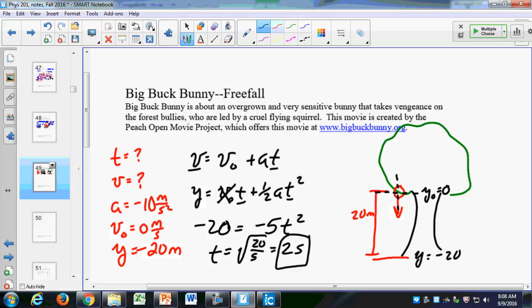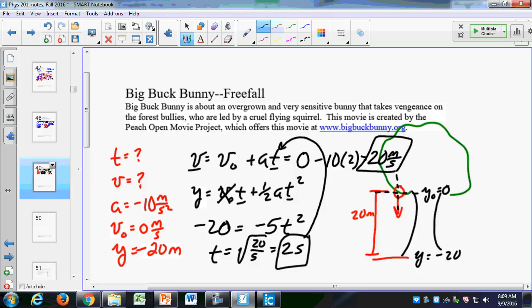And then I can take this and plug it in here. And I get this is 0 minus 10 times 2, which is 20 meters per second. That's the second part. That's a pretty simple kinematics problem. You could have one like that, but you'll also have one that's a little more complicated.